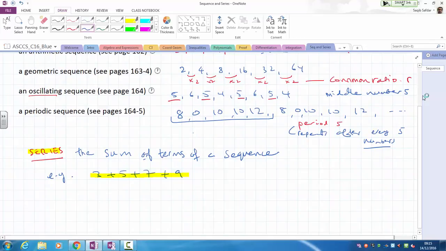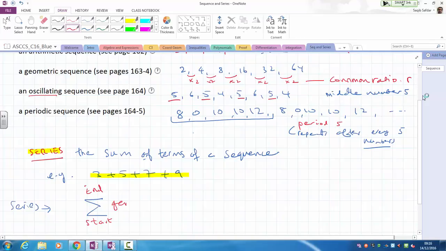Now, the other thing to know is there is something called sigma notation, in which we write it like this. If you want to write down a series, we can write it as so. Over here is where you start your first term. This is where you end.